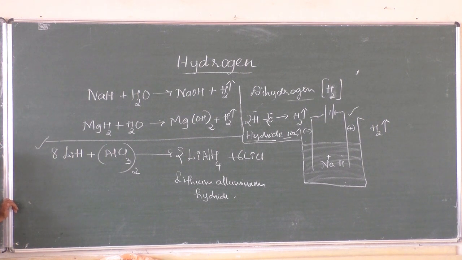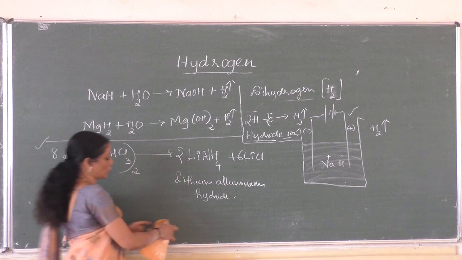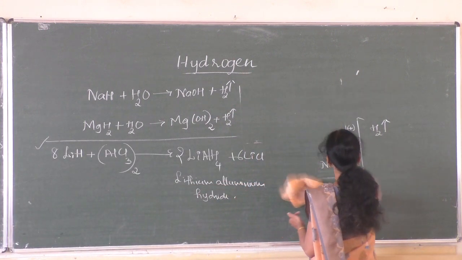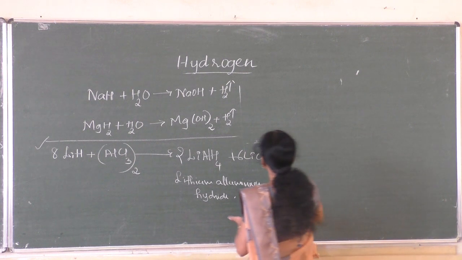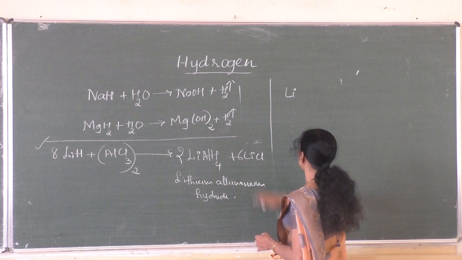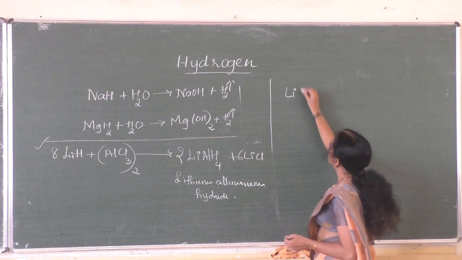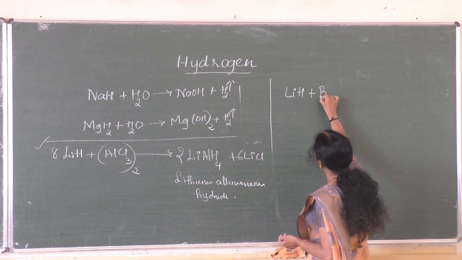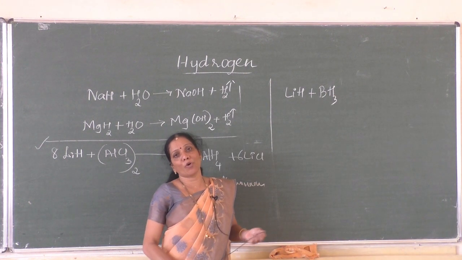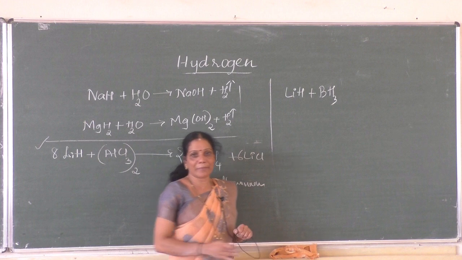Okay. Then lithium hydride also has the tendency to undergo reaction with other compounds. Listen here, lithium hydride can undergo reaction with borane, BH3. We know that borane usually exists in the dimer form.